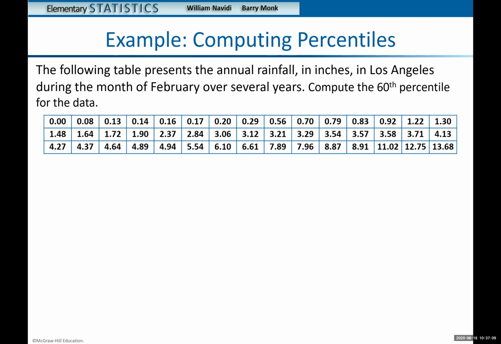All right, an example here. What we're going to do here, when we arrange this, this is in order. We want to compute for the 60th percentile.